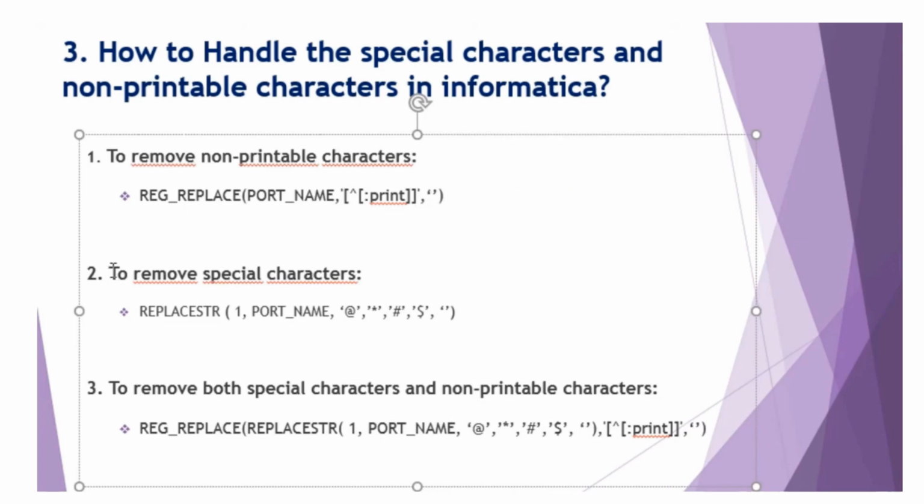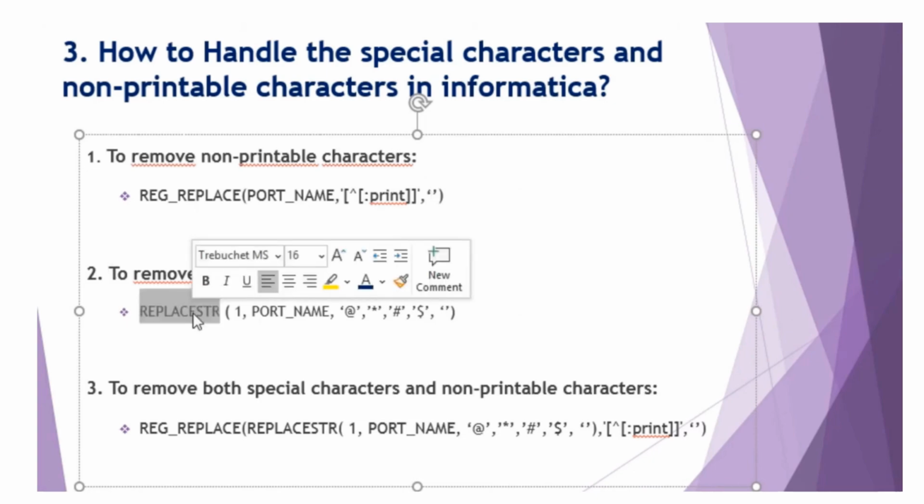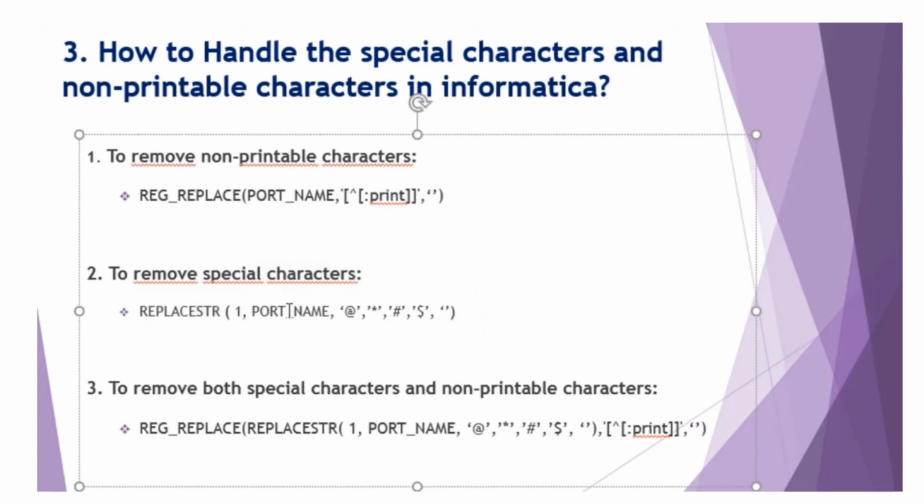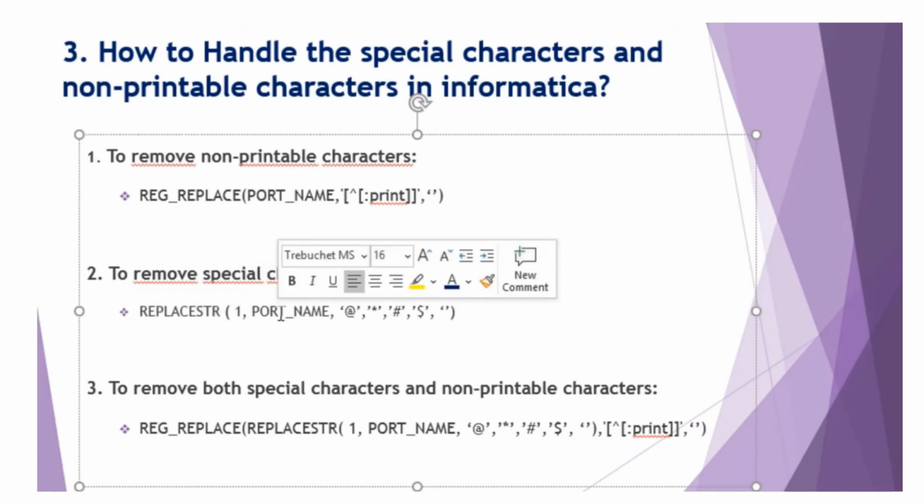And the second one is to remove special characters. We have the REPLACESTR function in Informatica. This is also one of the inbuilt functions in Informatica. First, in the second attribute we have to pass the port name. This is nothing but the column in which we want to remove the special characters.